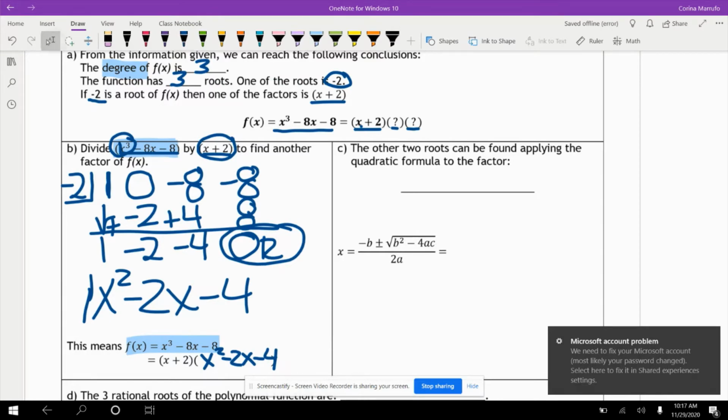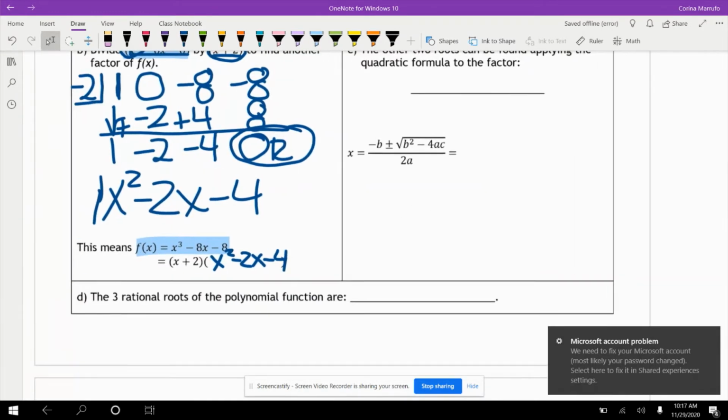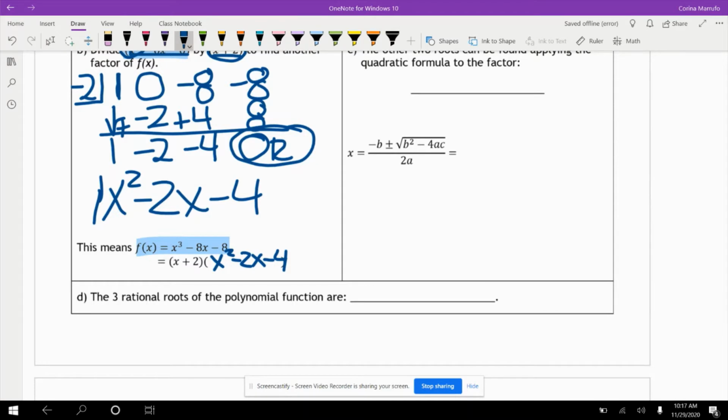We need to break down the x squared into two factors. So here we have x plus 2. We're going to break down this x squared minus 2x minus 4 into two factors.